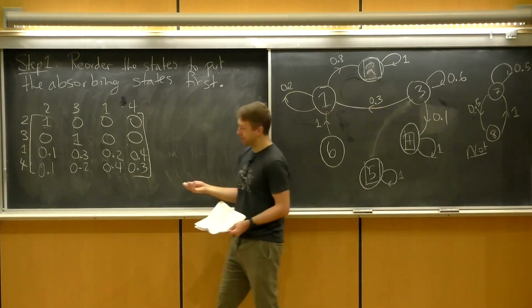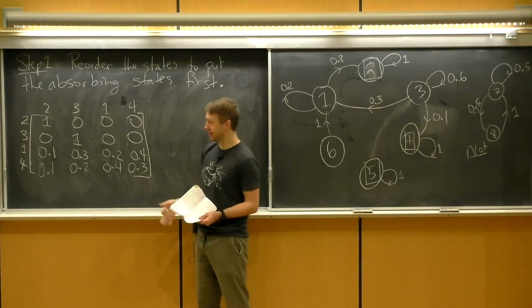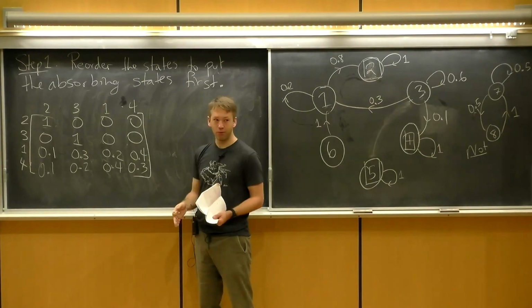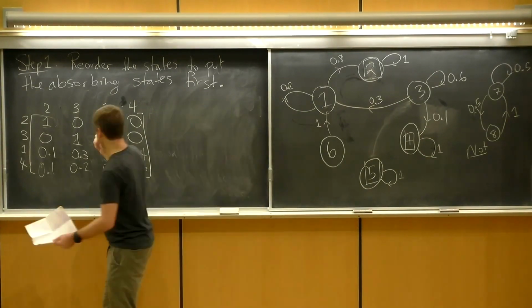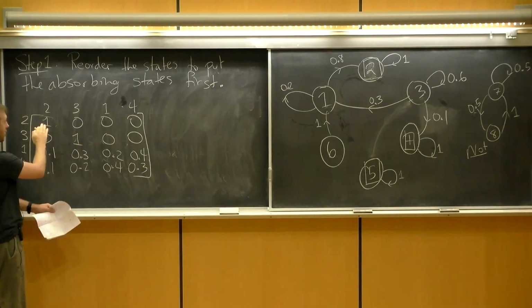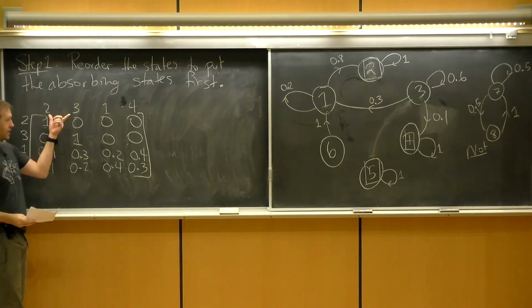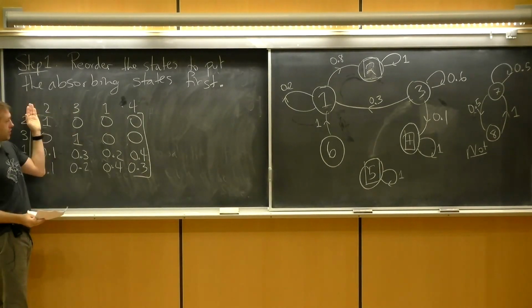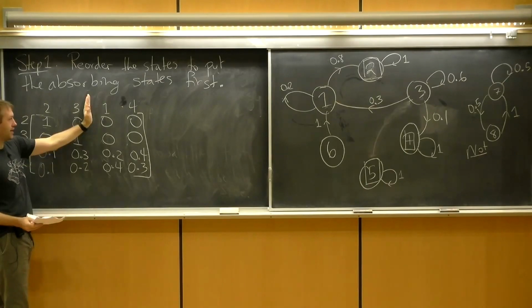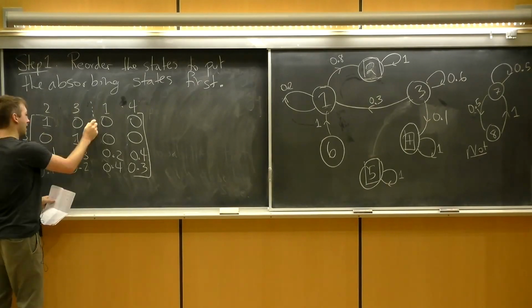Now our second step is to divide up this matrix in some specific way. Basically you want to say, okay, now I know my absorbing states come first, so where is the last absorbing state? And I draw a little line.